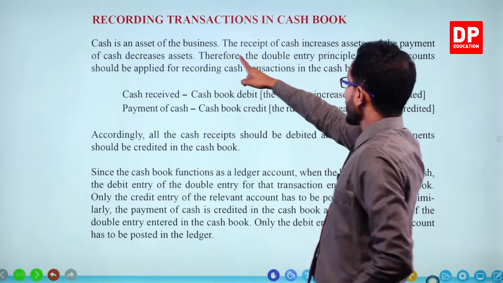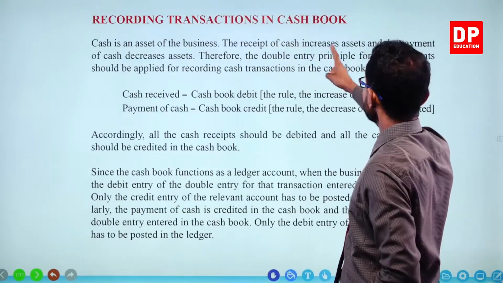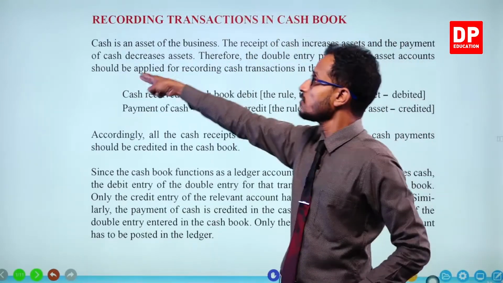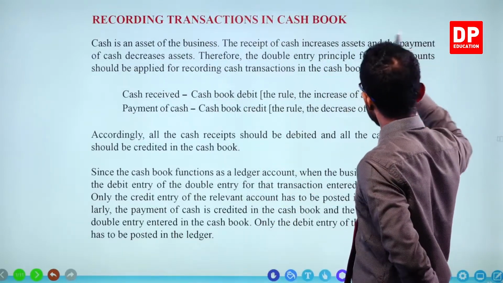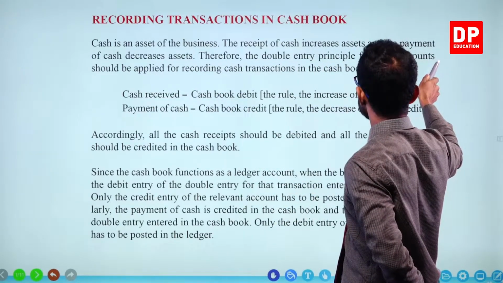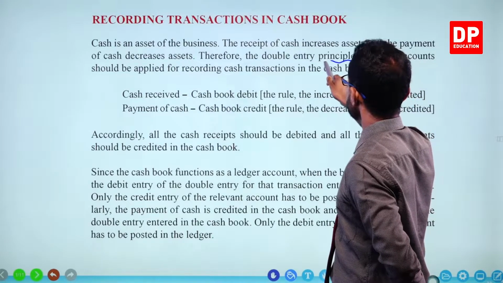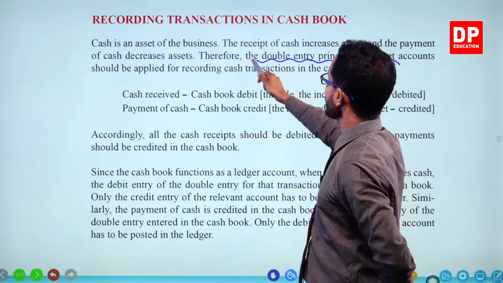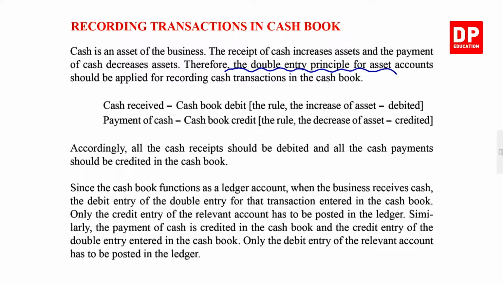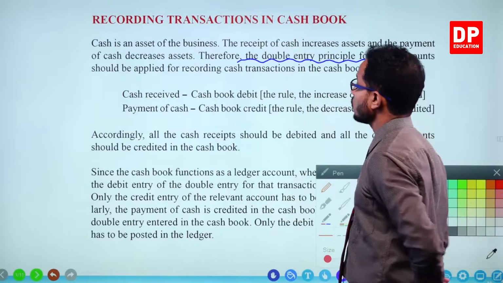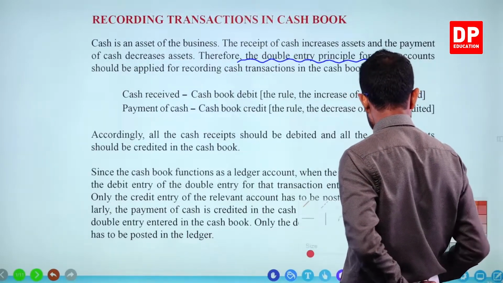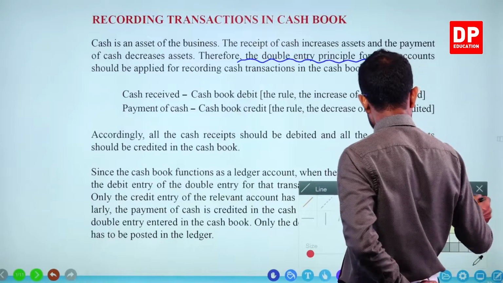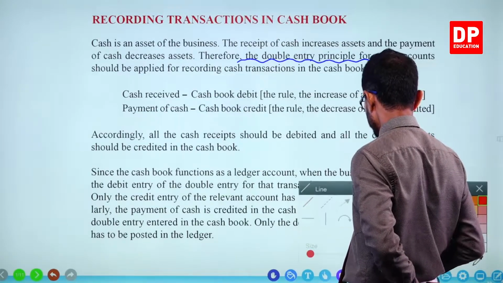As it says here, the receipt of cash increases assets and paying of cash decreases assets. Therefore, the double entry principle for assets should be applied when recording transactions in the cash book.